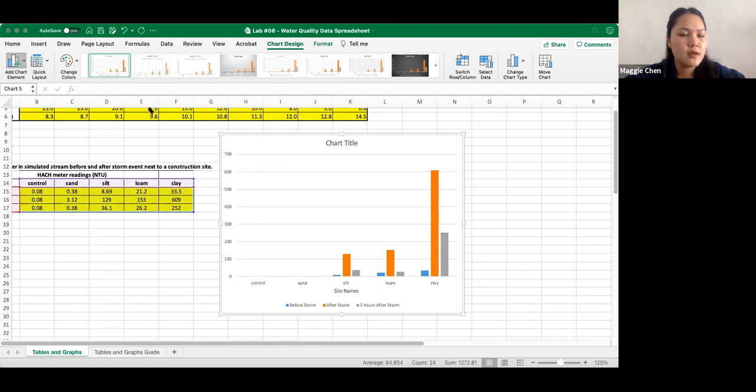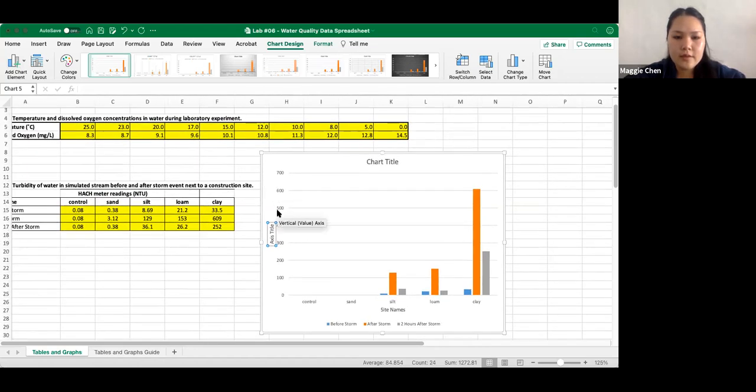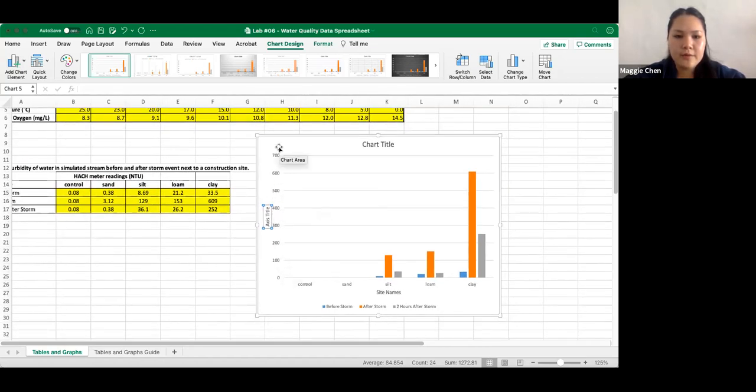Now we'll want to add our primary vertical, our Y axis. And on our Y, we're looking at our turbidity readings in NTU measured by our Hach meter. So we can just change that to Hach meter readings in NTU.